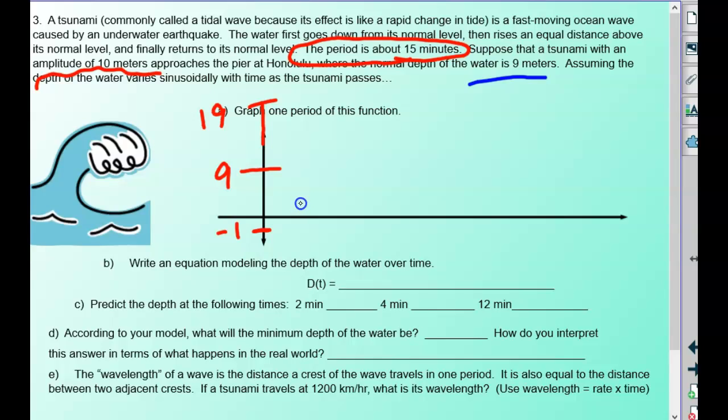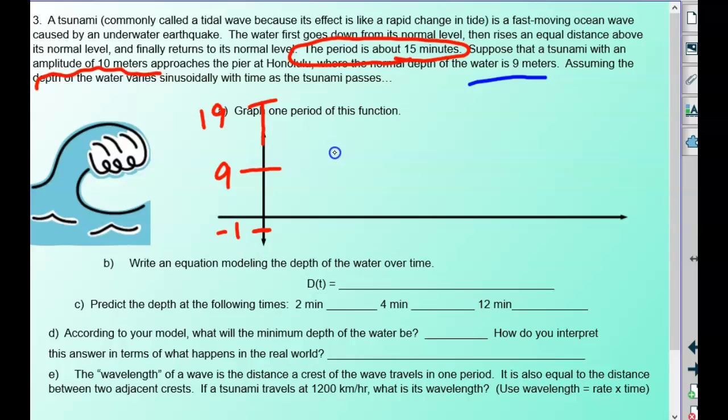So 19, almost 60 feet, like a 6-story building coming at you. But remember, I'm sure the area is built to withstand 9, because that's the normal depth. Anyway, let's keep going here.